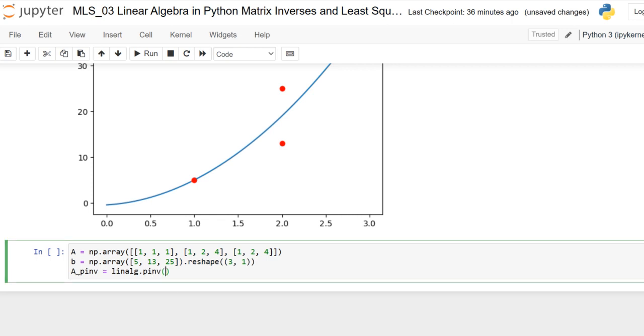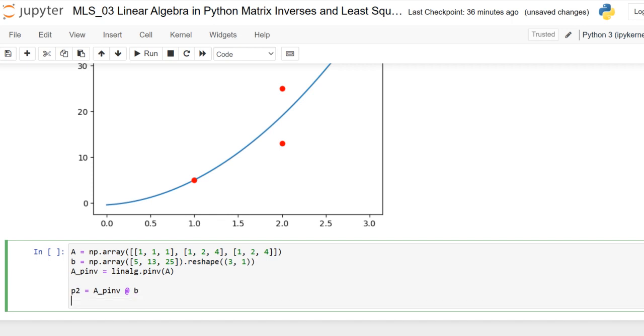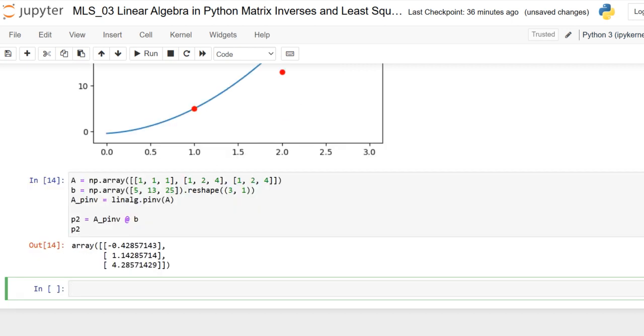Inverse of A. Okay, now here I go for P2 and let me have the P2.